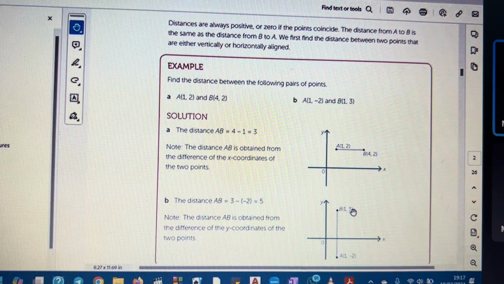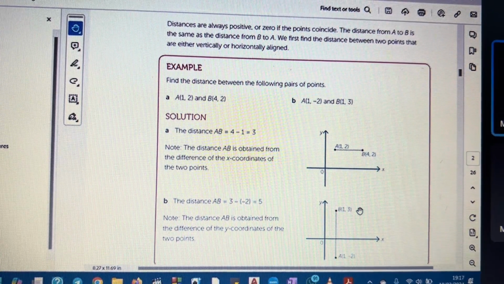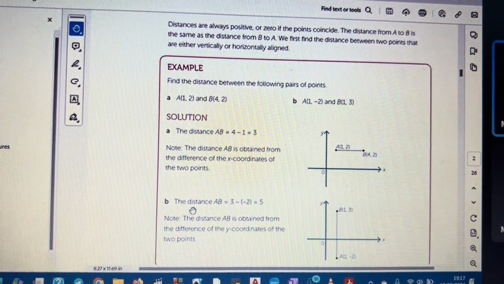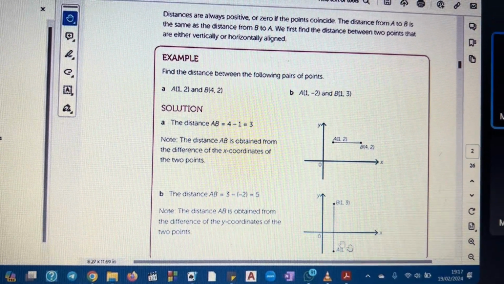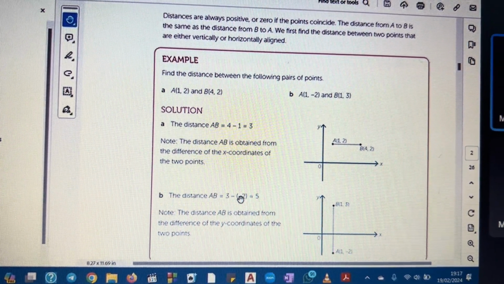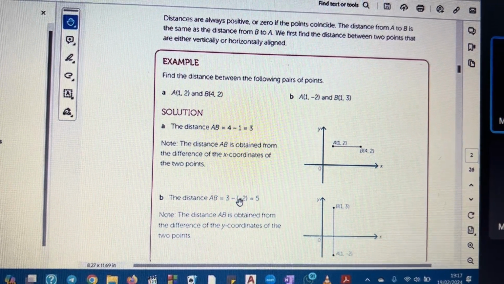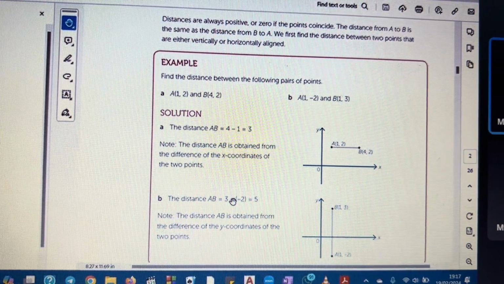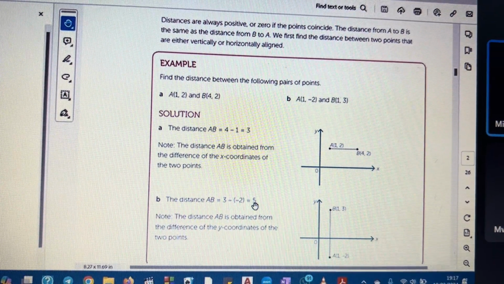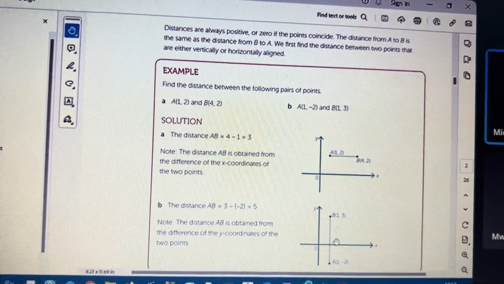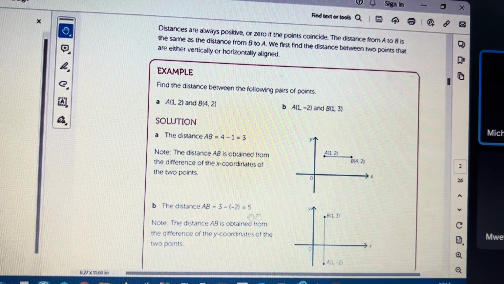So we subtract the smaller number from the bigger number. And as we can see here, we have 3 minus, then since our number here is negative 2, we have to account for the negatives. And when you do your math here, the negative and the negative multiply, you have a positive. So you have 3 plus 2, which gives us 5. So the distance from A to B is 5.